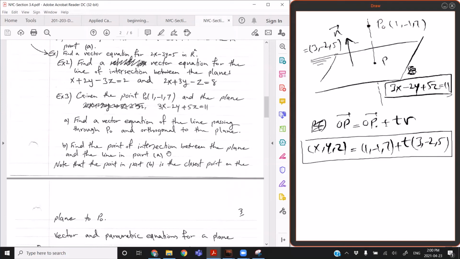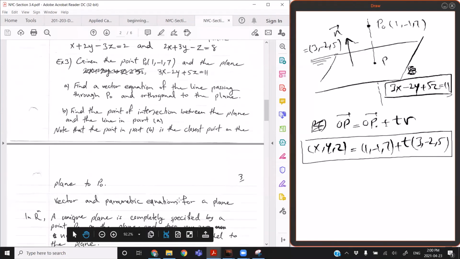And this is exactly what it is asking us in part B. It says find the point of intersection between the plane and the line in part A, and it notes that the point in part B is the closest point on the plane to the point P0. How do I do that? Very easy. I just need to first write down the parametric equations. 1 plus 3t, that's for x.